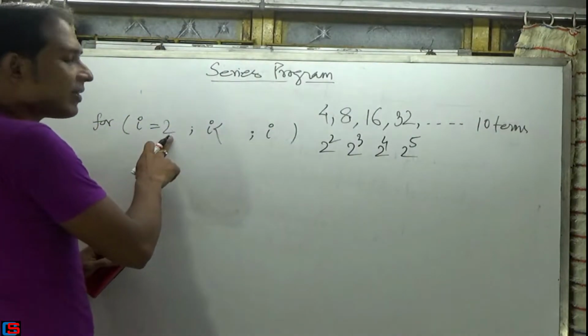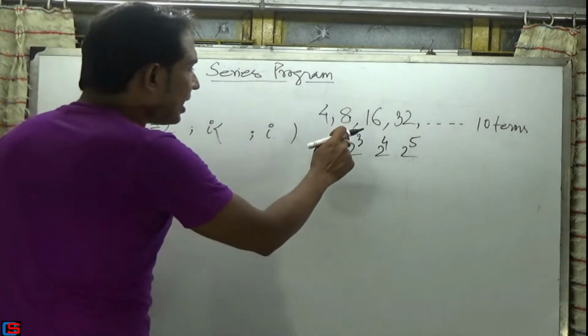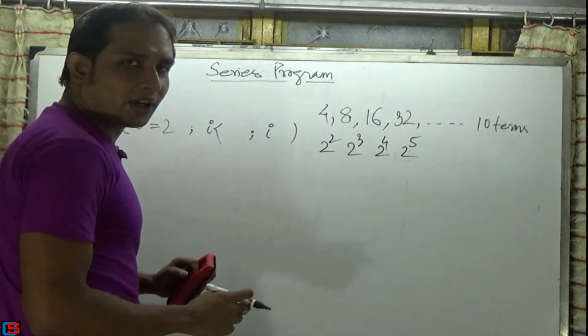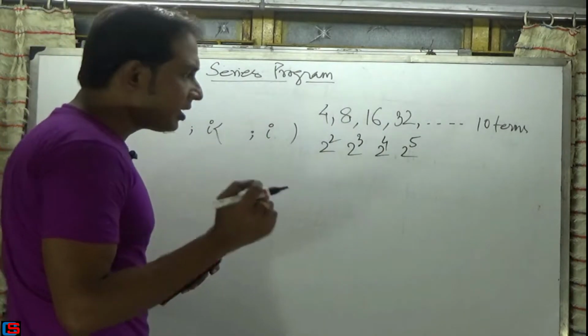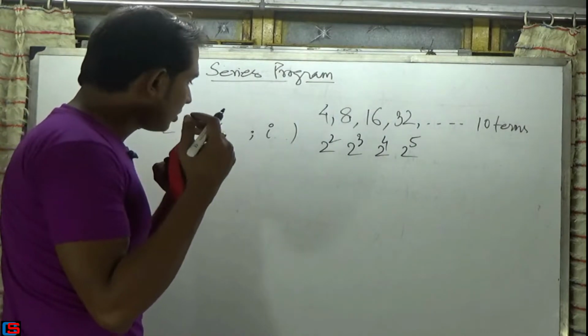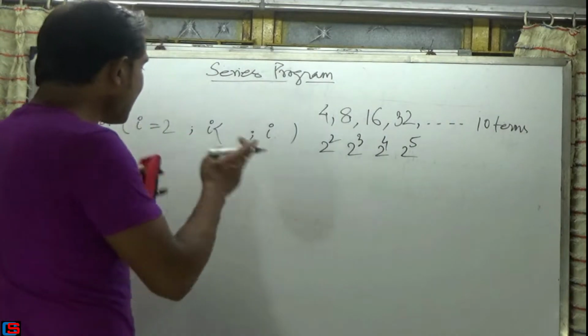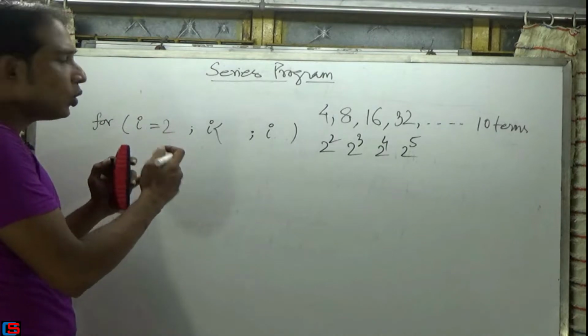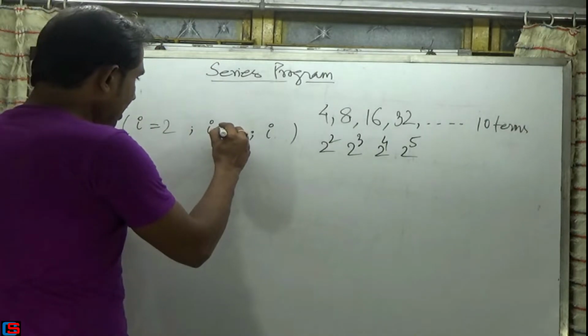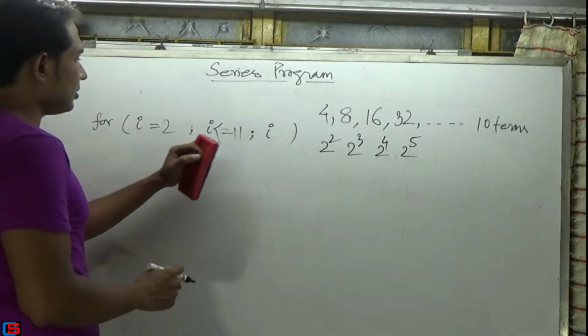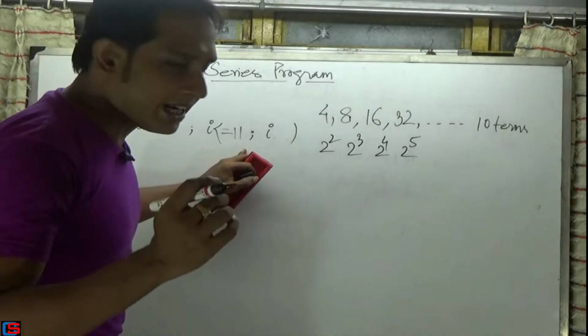As the initial value starts from 2 and the difference between the power values is 1, 1 into 10 means the final value would be 10, but as the loop starts from 2, it has to execute up to 11 to print the 10 terms.